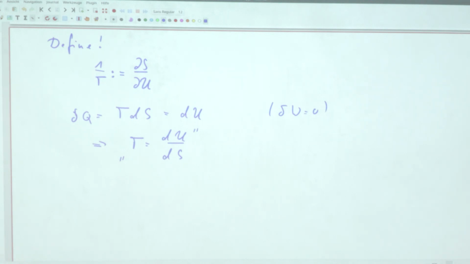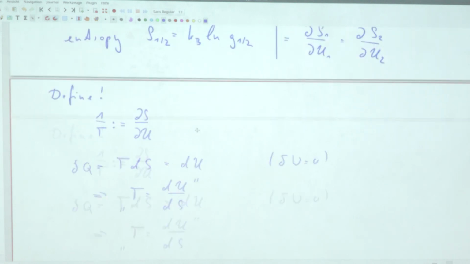So now how to get temperature fixed. Now we are nearly done.